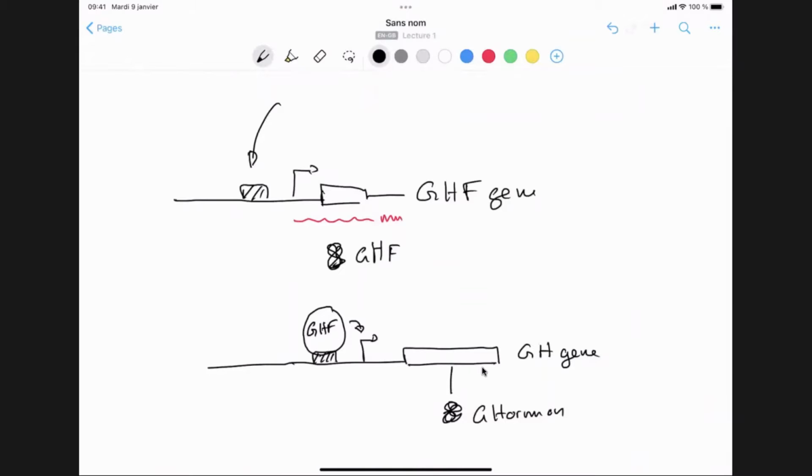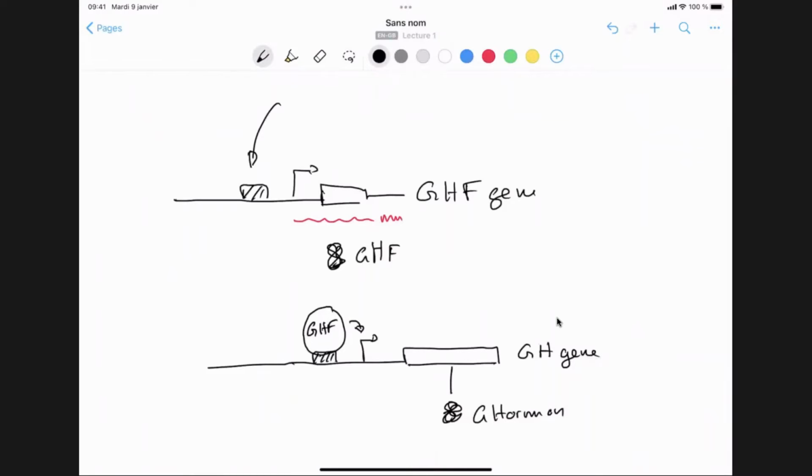This gene is only expressed in the anterior part of the pituitary. We analyzed all the promoter, we isolated GHF, and using RT-PCR and in situ hybridization, we studied the localization of the messenger RNA of GHF and found that it was also, like GH, expressed in the anterior part of the pituitary. So it means that GHF is under the control of another transcription factor, once more on the top, that is giving tissue specificity to this gene.